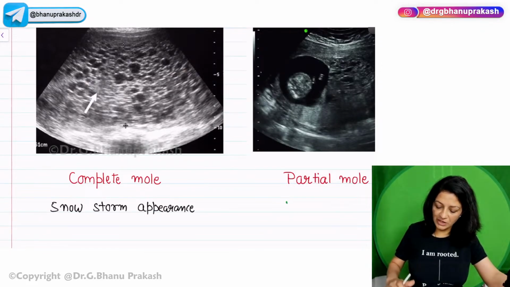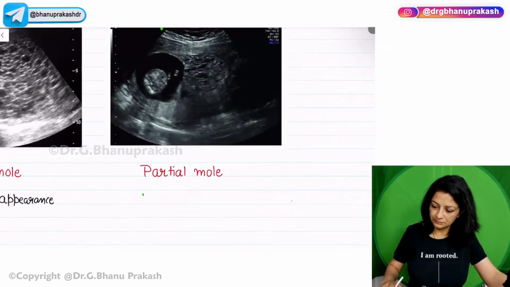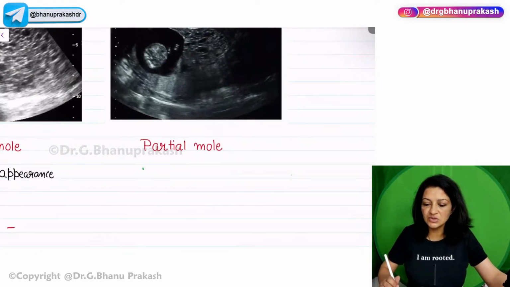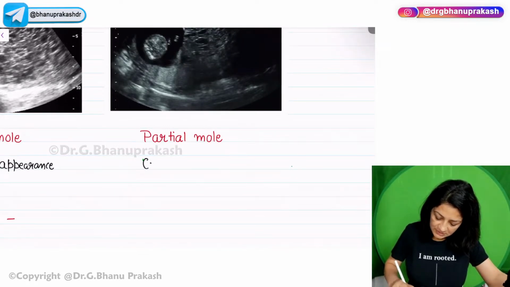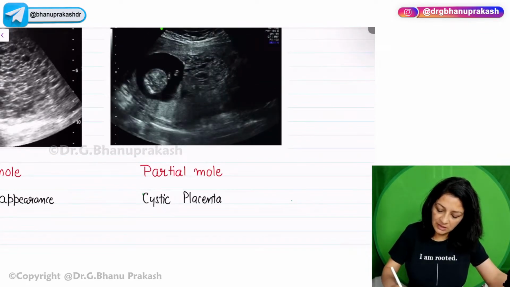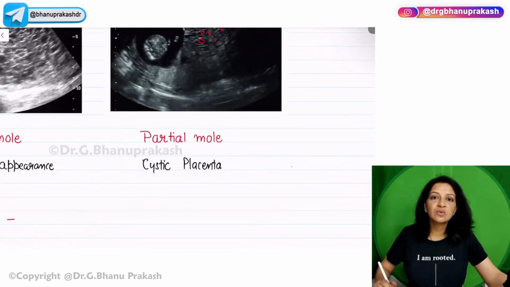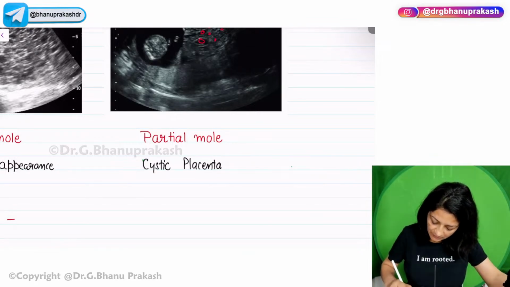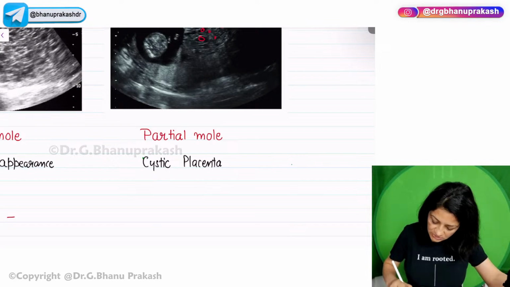And in case of partial mole? Cystic placenta. Cystic placenta means you will see small cysts in the placenta, and it is misdiagnosed as missed abortion.